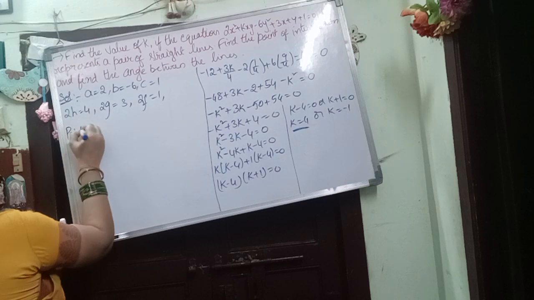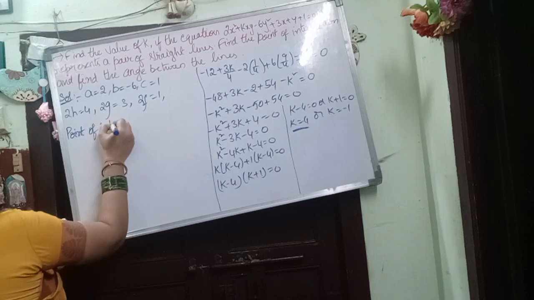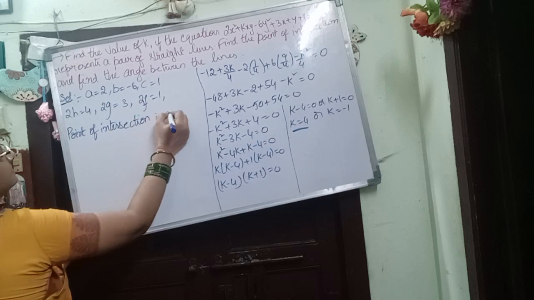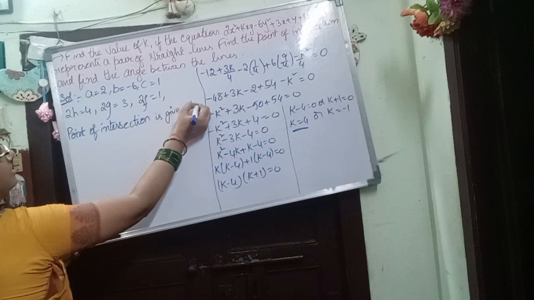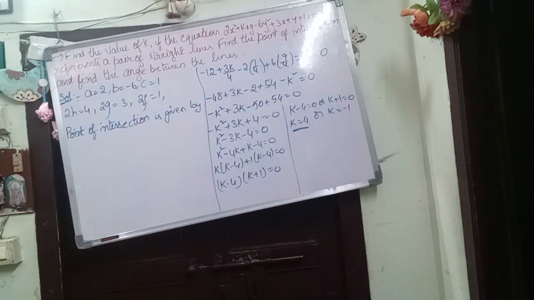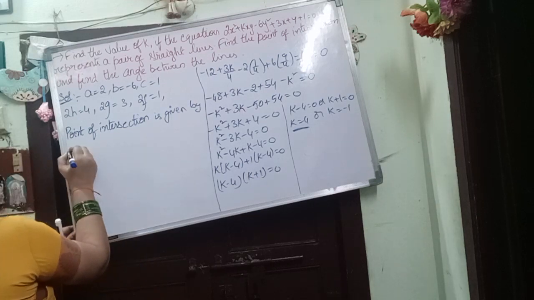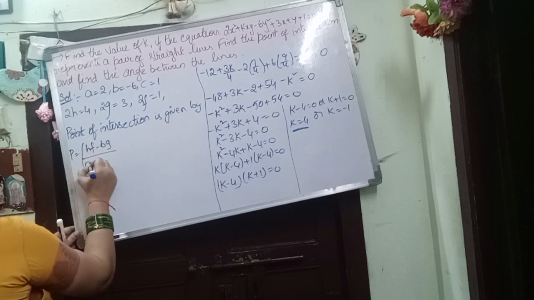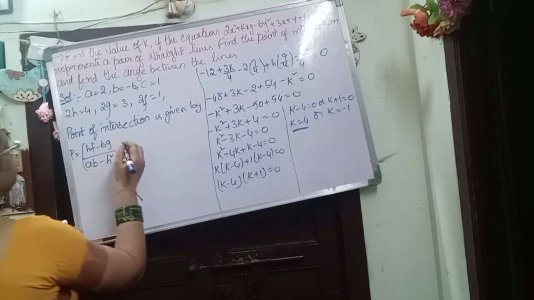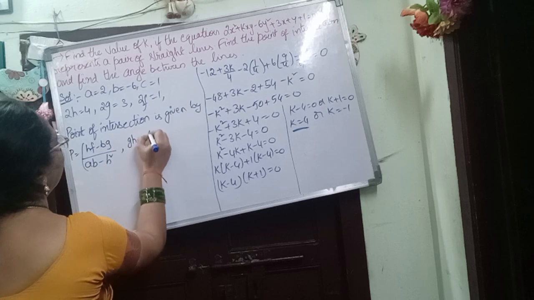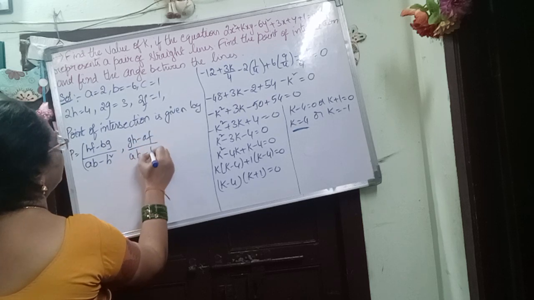So the point of intersection formula. The point of intersection is given by P equals HF minus BG by AB minus H square, comma, GH minus AF by AB minus H square.